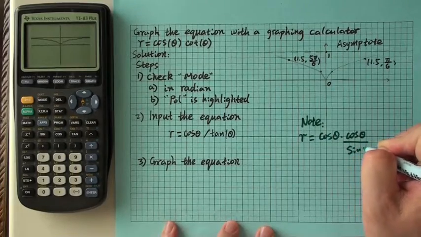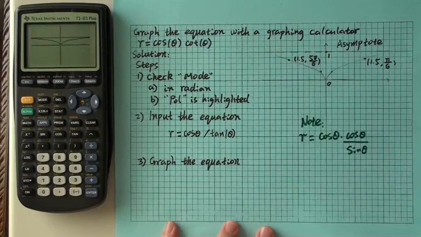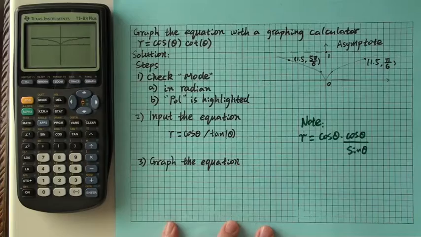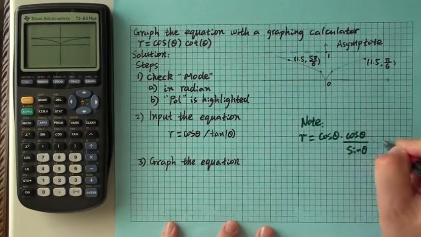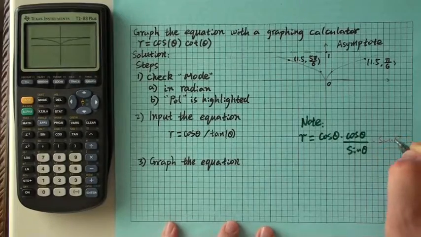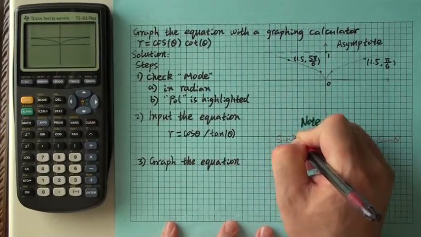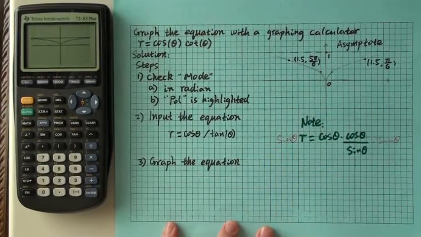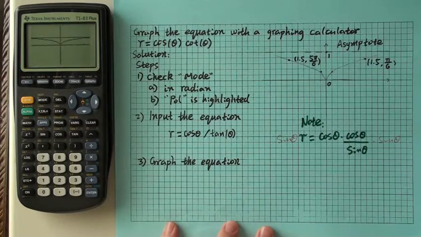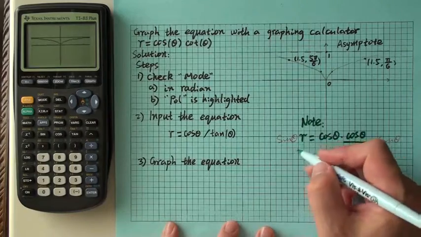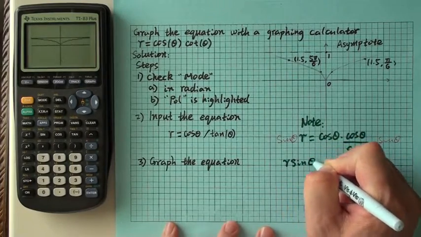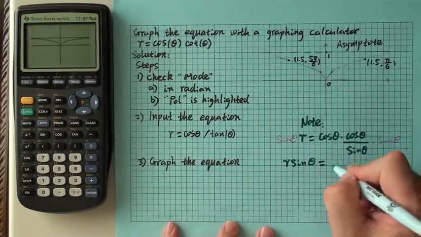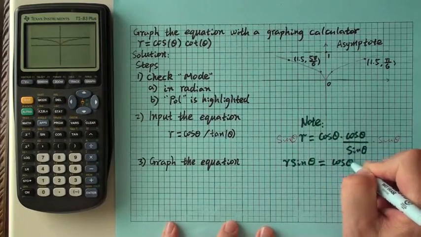That's not a problem. And then you multiply both sides by sine theta. What you get down here is r sine theta on the left, and the right-hand side is cosine theta squared.